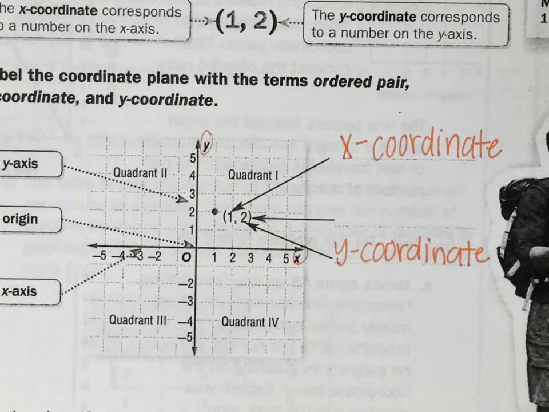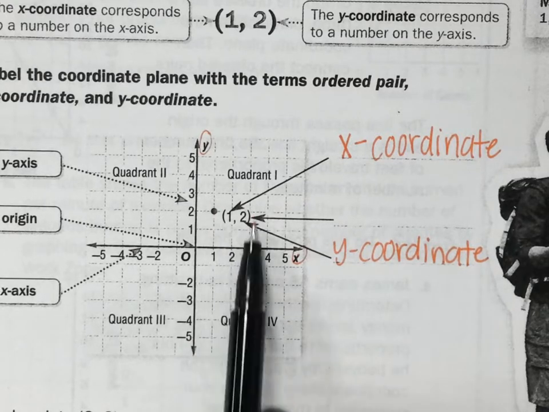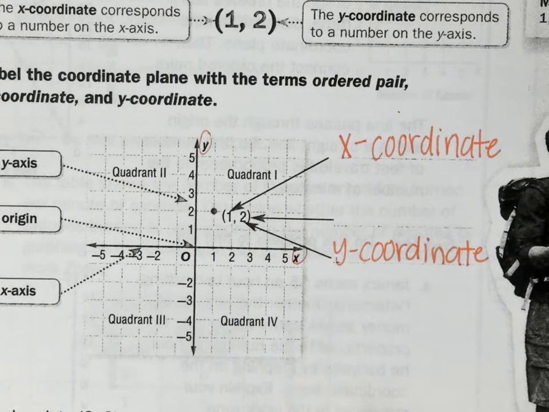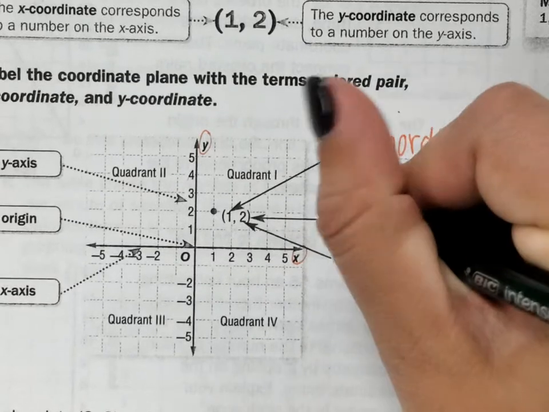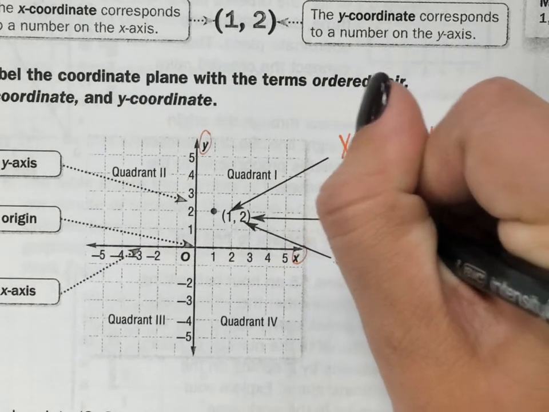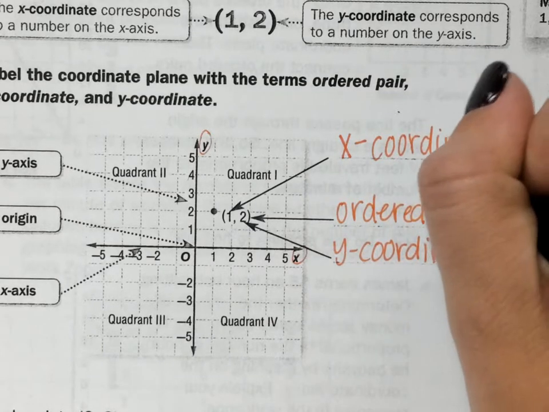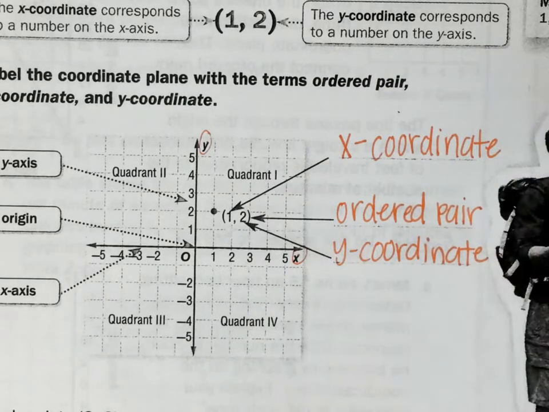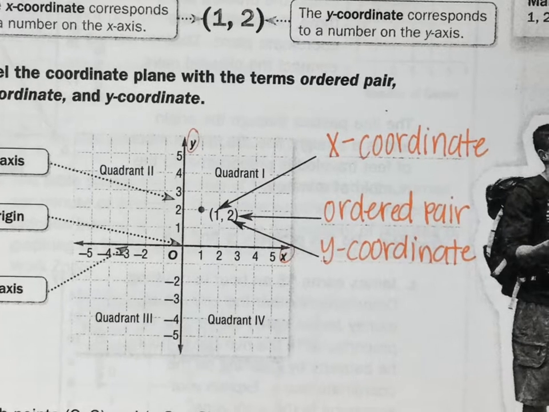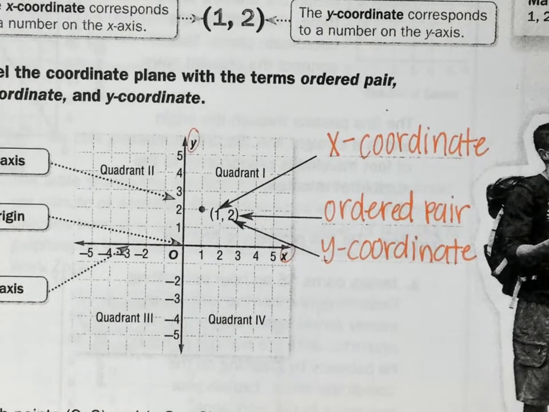When you put the x coordinate and the y coordinate together, what is the whole thing called? Ordered pair. The whole thing put together is called an ordered pair. That's what tells you where to plot your points, or how to plot your points.